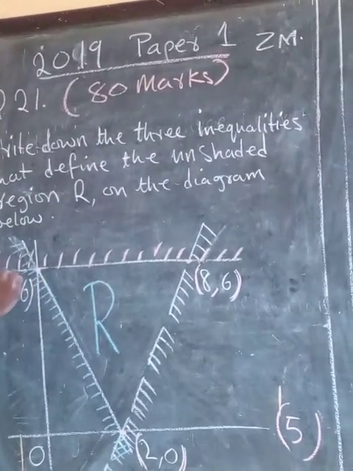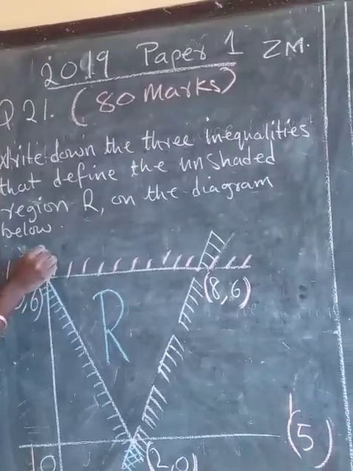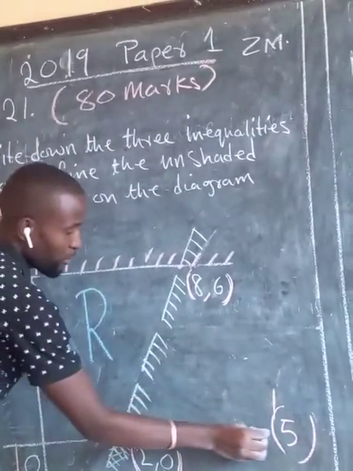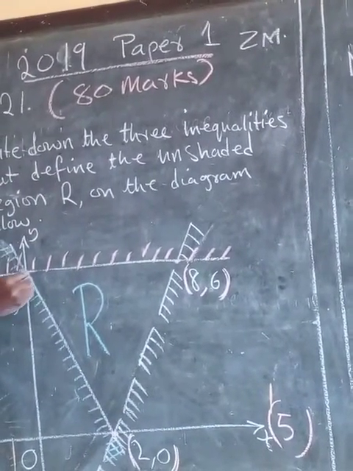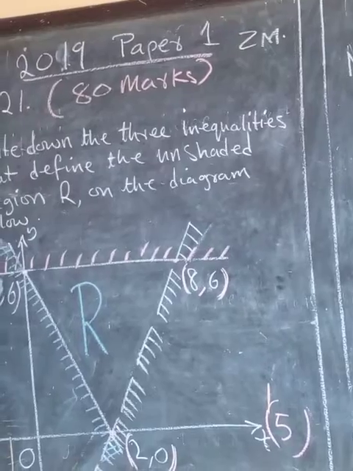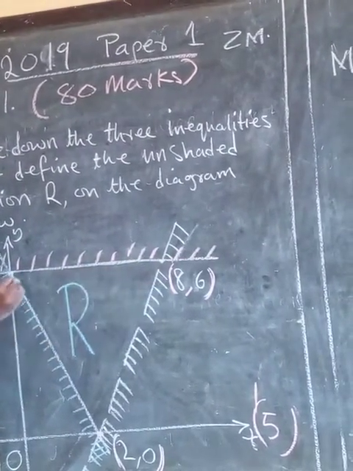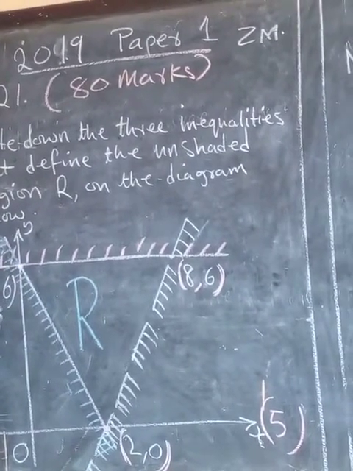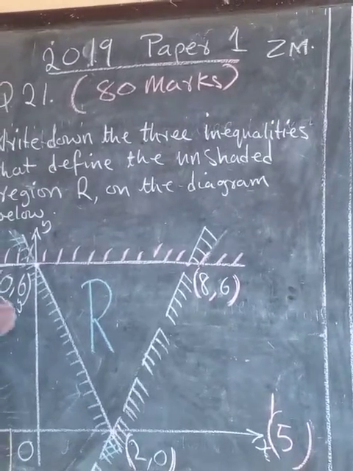As you can see, this straight line is only cutting at a single point, which is on the y-axis. This is my x-axis and this is my y-axis. It is only cutting here, and this point here, they are telling us is 0, 6. My y is always this one, and this is always my x.